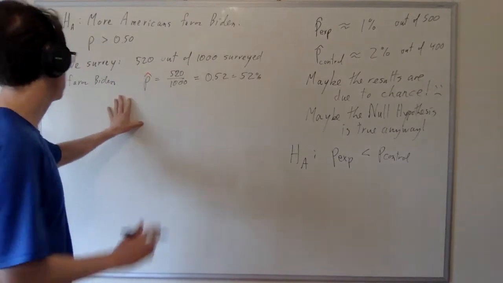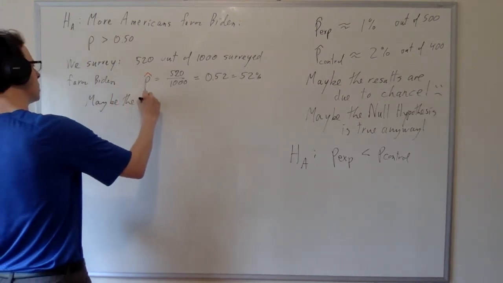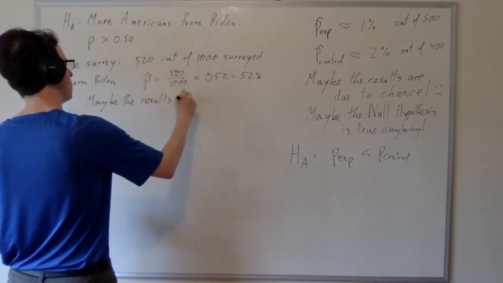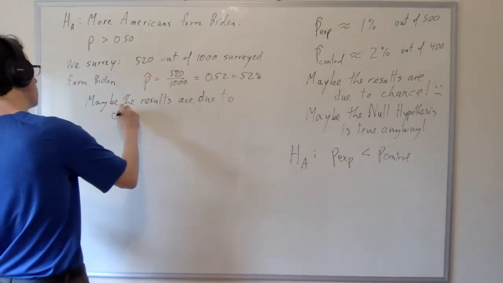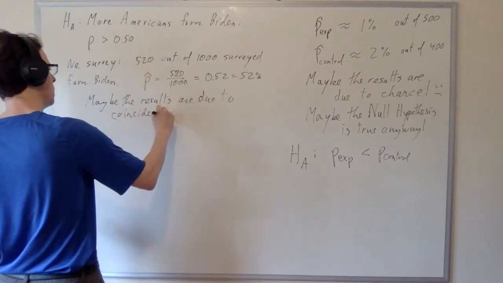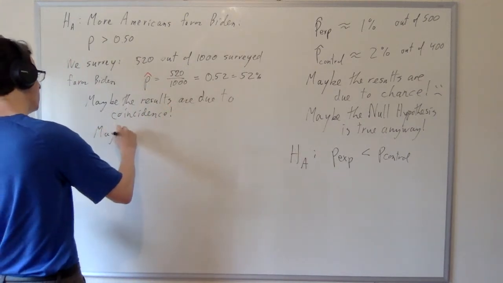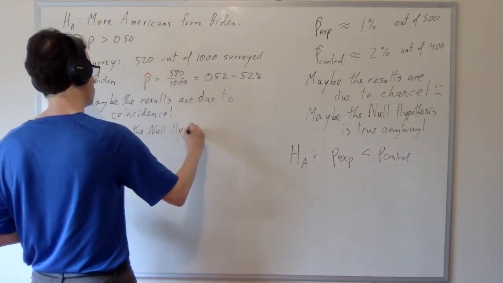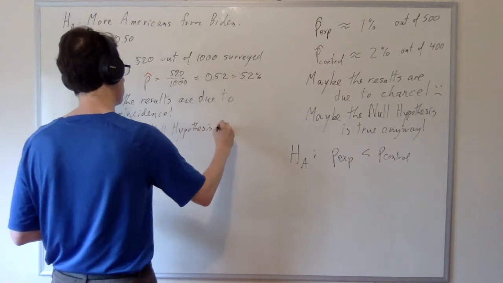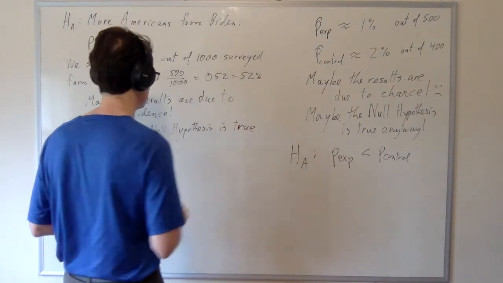So I want to say here, maybe the results are due to chance or coincidence. It's the same maybe that's on the other side of the board. And then again, with that maybe the null hypothesis is true. I didn't clarify what the null hypothesis would be in this case. Let's do that next.